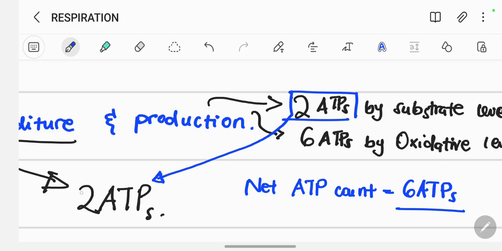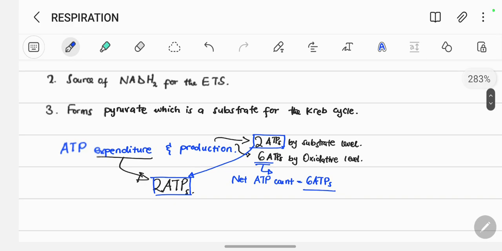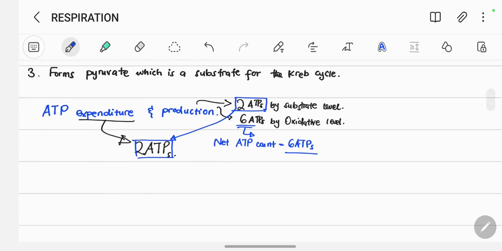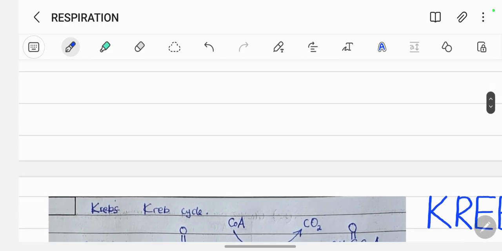We always use 2 ATPs, and there are these ATPs that are formed here. So what we remain with is this. So after knowing that, we move on from glycolysis to Krebs cycle.